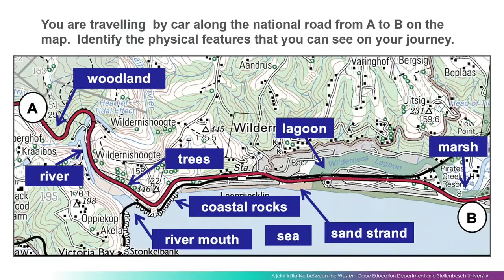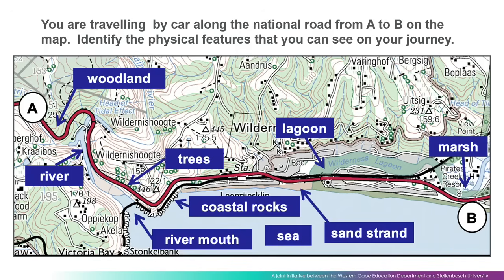So there's a woodland, which would be trees. There's a river. There are more trees. There's the mouth of the river, which is a physical feature. The coastline consists of coastal rocks. There is the ocean or the sea. There is a sandy beach. There is a lagoon, and there is a marsh.